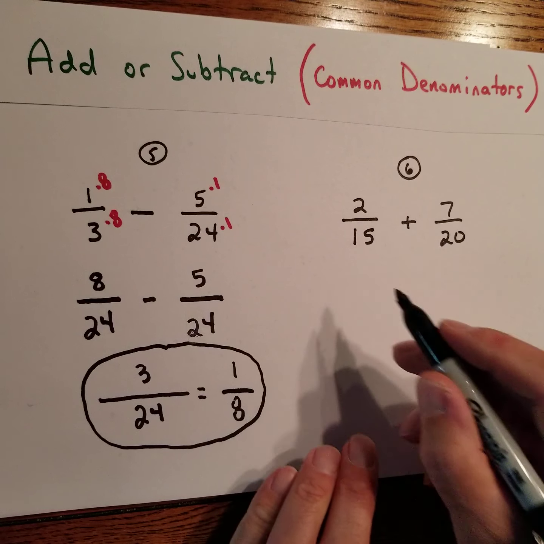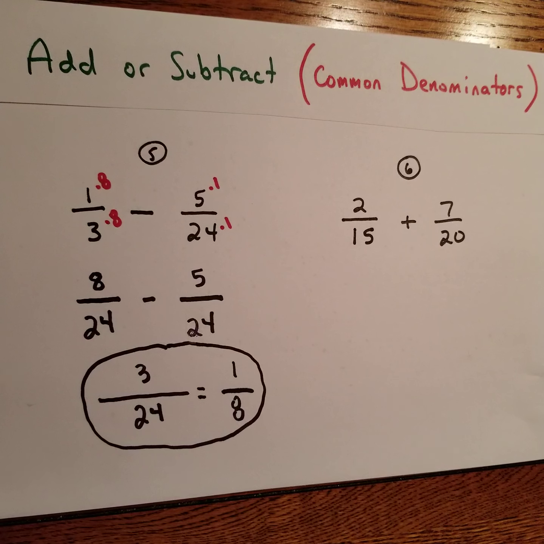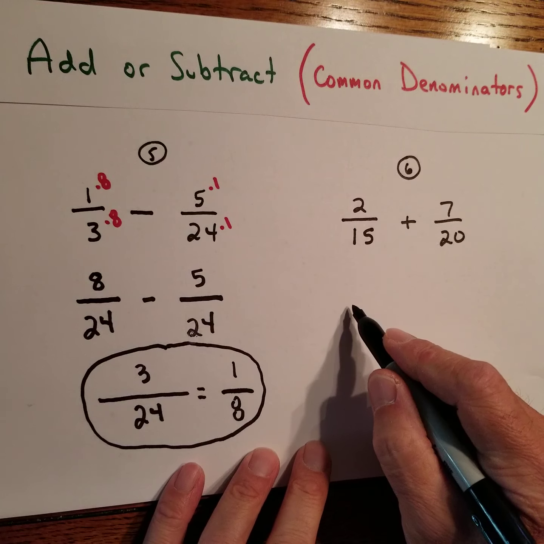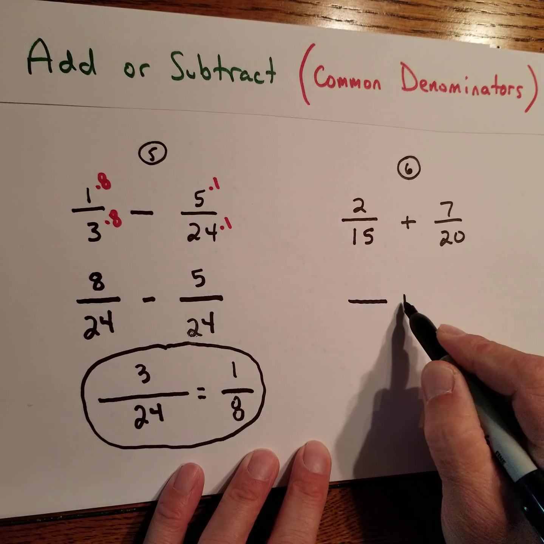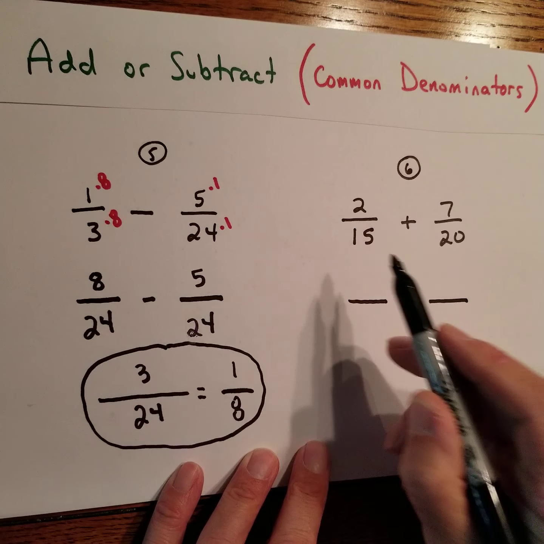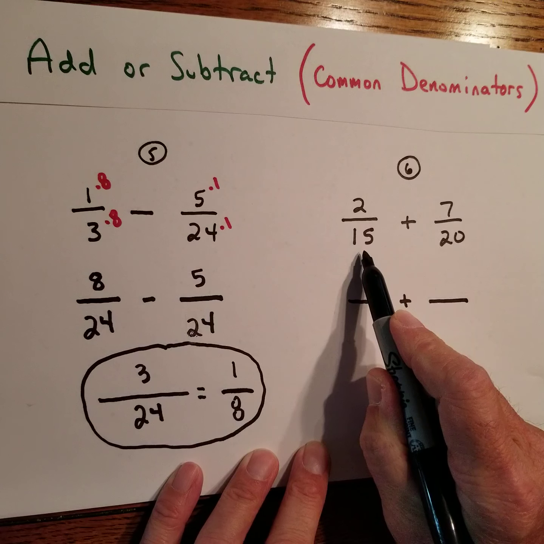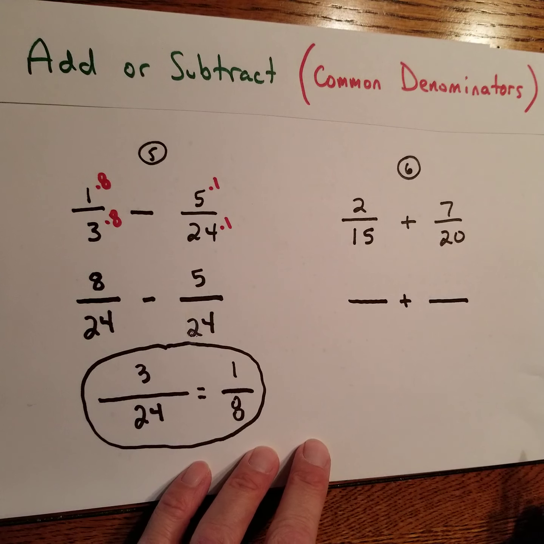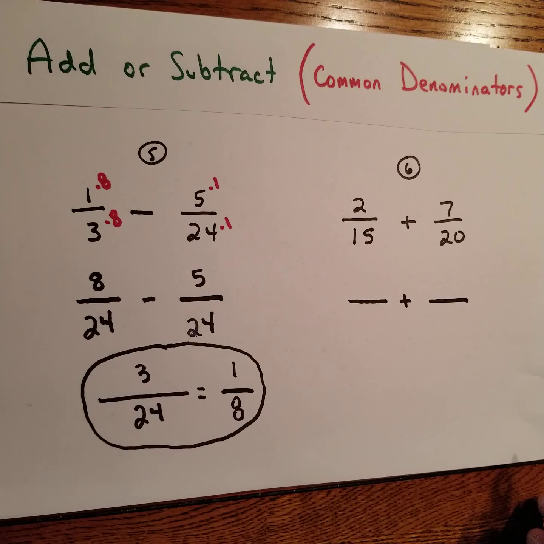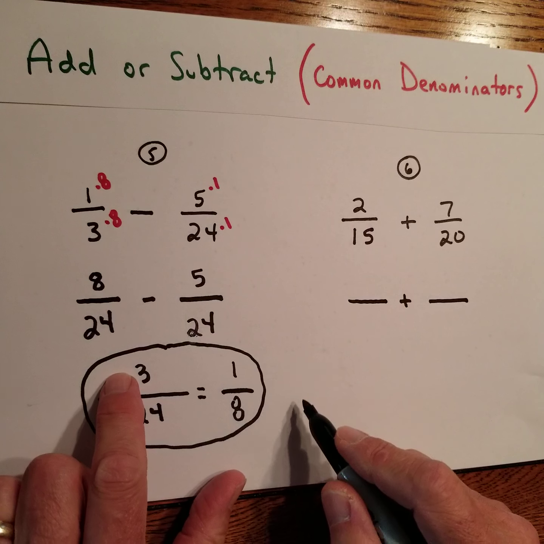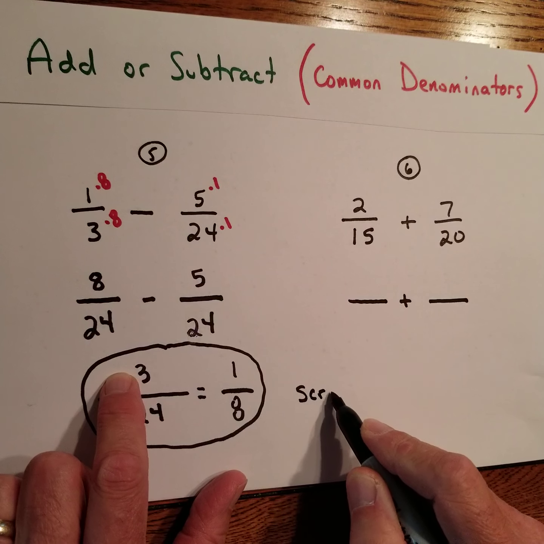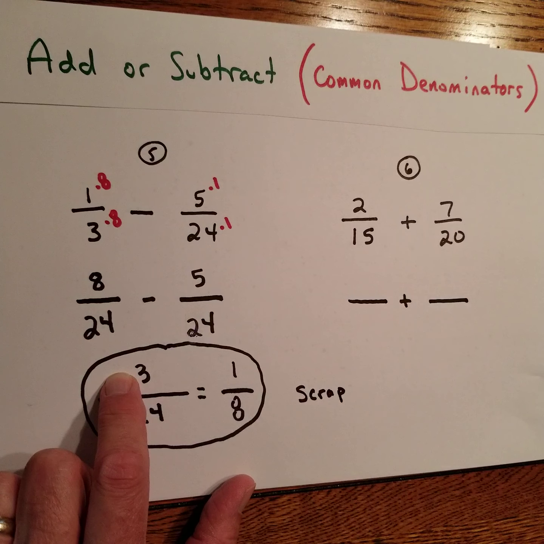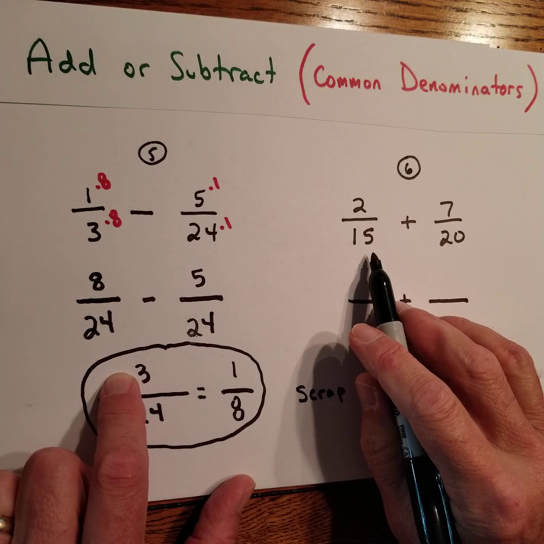For number 6, we're adding, which means we need a common denominator. But this time, the small denominator does not divide evenly into the big denominator, so I can't use 20 as a common denominator. I need a number that 15 and 20 both divide into evenly. Can you think of that in your head? If not, let's come down here onto scrap paper and list the multiples of 15.